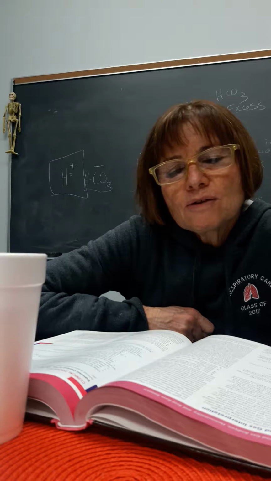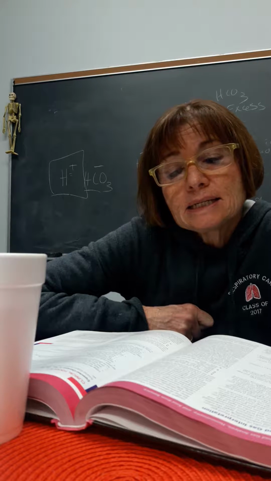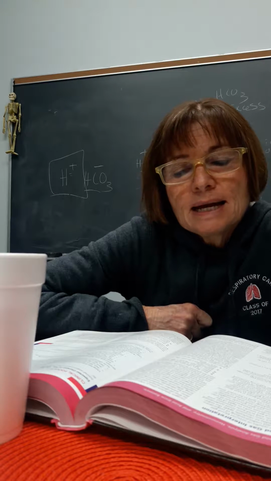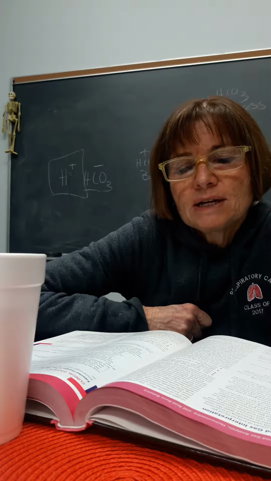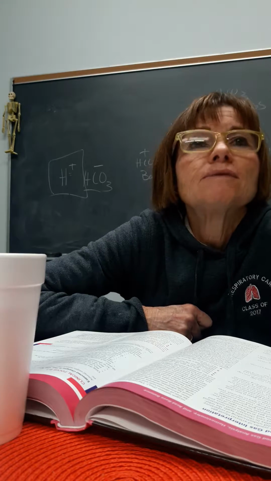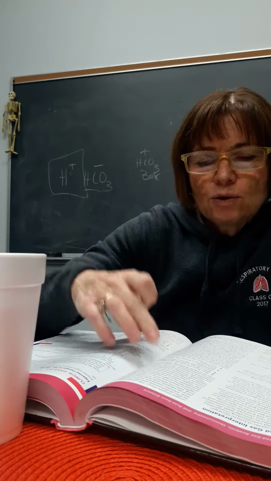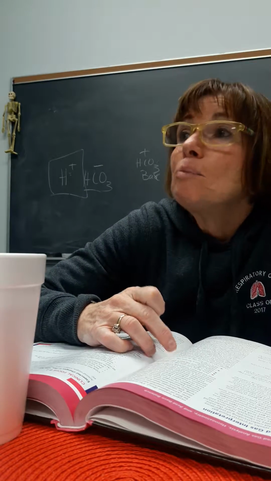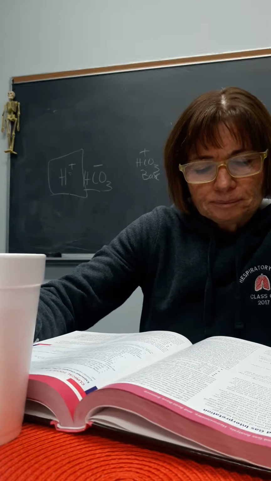Less than 80 but greater than 60 is mild. Less than 60 but greater than 50 is moderate. Less than 50 but greater than 40 is moderate to severe. And anything less than 40 is very severe. So classify your hypoxemia. And then, of course, anything over 100 is hyperoxia, greater than what it should be.